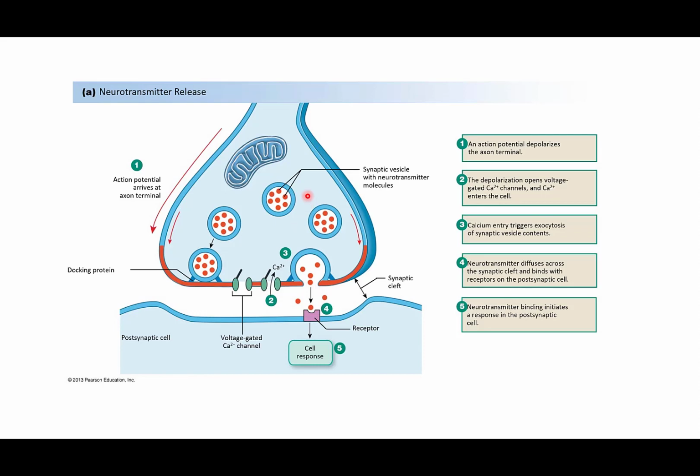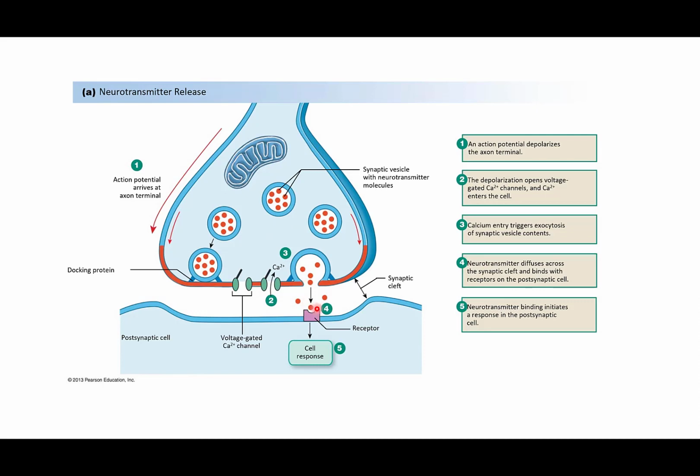And a synaptic vesicle is a membrane-bound vesicle. Inside are packaged neurotransmitters. And so these membrane vesicles, they'll fuse to the membrane and then release those neurotransmitters into this area between the axon terminal and the next cell. We call that the synaptic cleft. So neurotransmitters get released into the synaptic cleft.